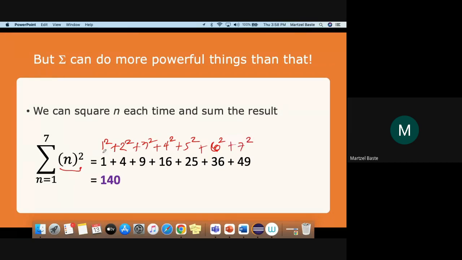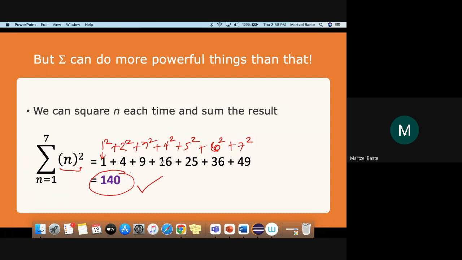The result: 1 raised to the power of 2 is 1, 2 times 2 is 4, 3 times 3 is 9, 4 times 4 is 16, and so on and so forth, which yields 140. Tama ba? 1 plus 4 is 5, plus 9 is 14, plus 16 is 30, plus 25 is 55... 1 plus 4, 5, plus 9, 14, plus 16, 30, plus 25, 55, 55 plus 36 is 91, 91 plus 49 is 140. So this is correct. Okay?